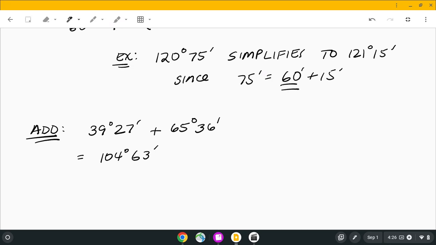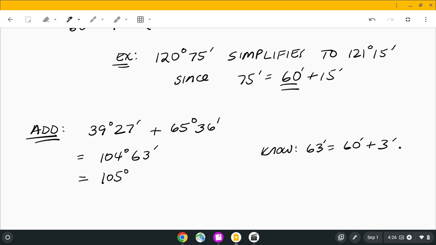We went beyond our max. Remember, we can't go beyond 59. We know that 63 is 60 plus 3. So we have 1 degree, and we're going to go ahead and increase the degrees.